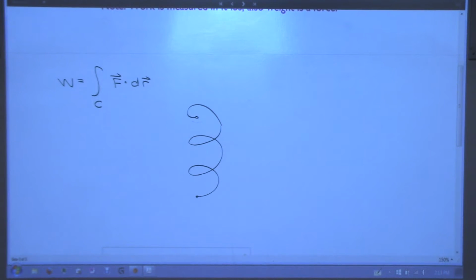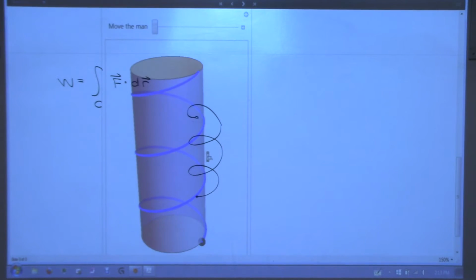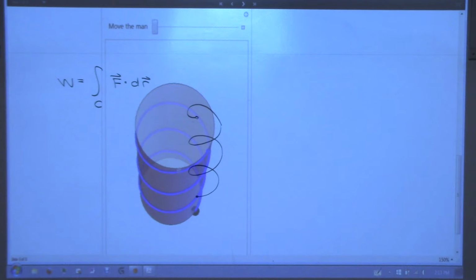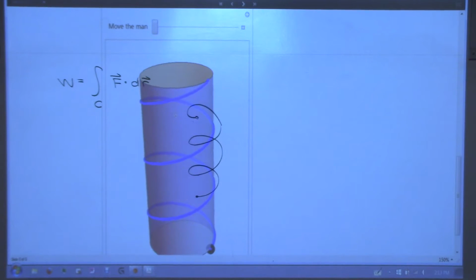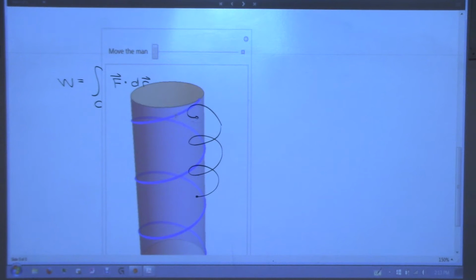All right. So the guy goes around 3 times and he gets up to the top, right? Can you draw me that thing? I can give you some hint. If you look at it this way, it's just a circle. And what's the radius of that circle? 20, right?